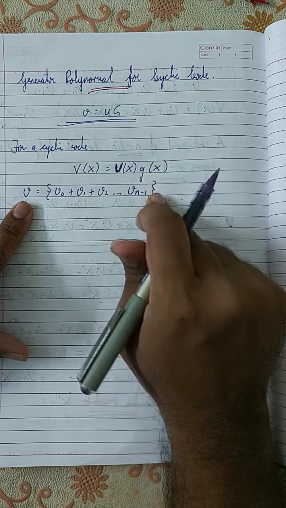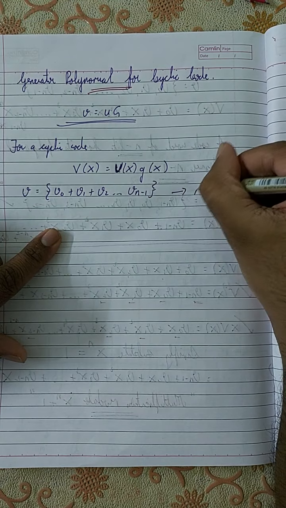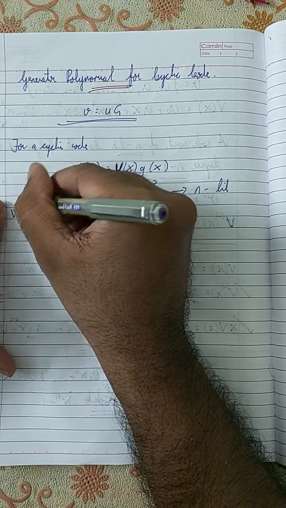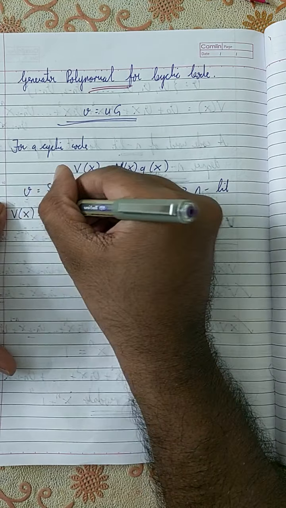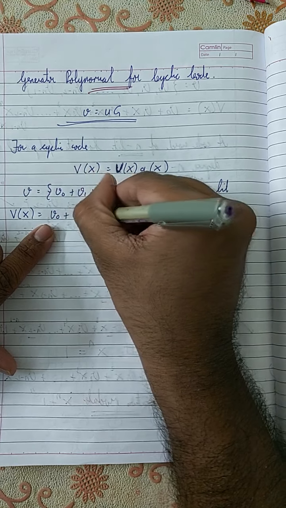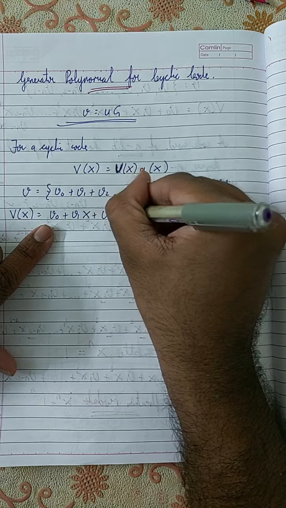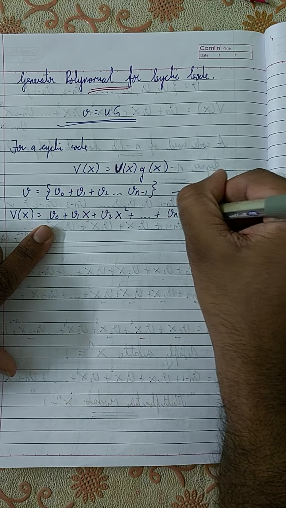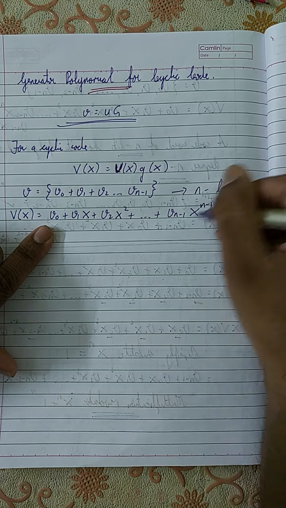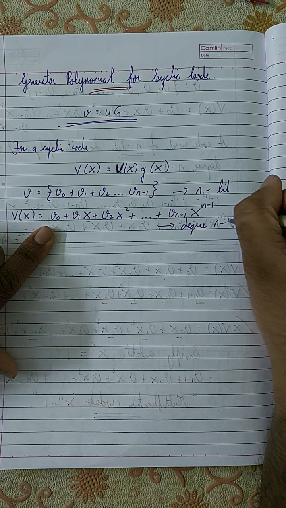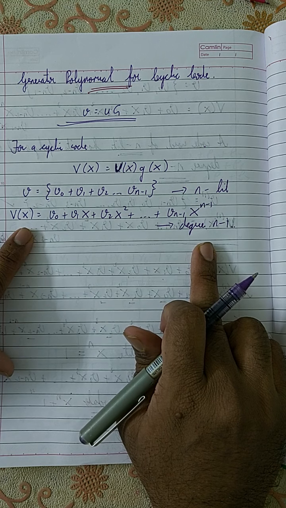So it's the code polynomial, of n bits. The code polynomial is represented as V(x), which is nothing but v0 + v1x + v2x² + ... up to vn-1 x^(n-1), which shows a degree of n-1.